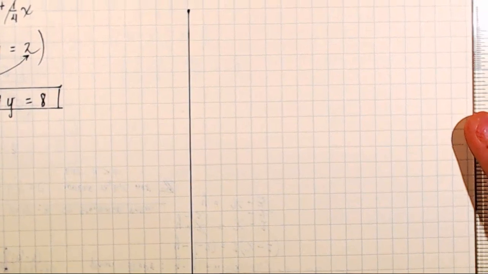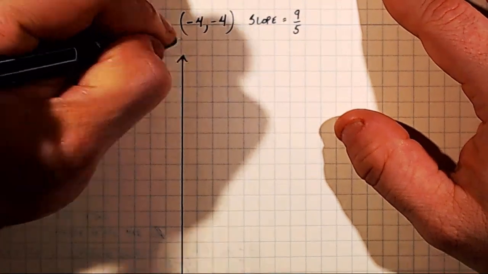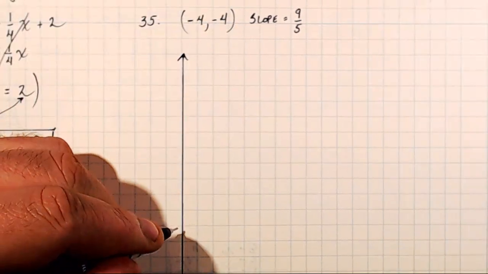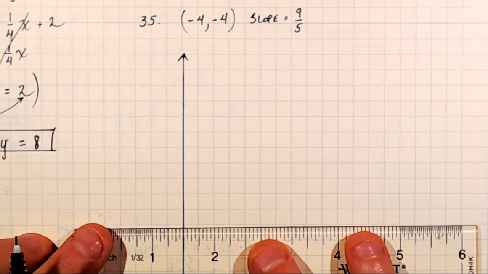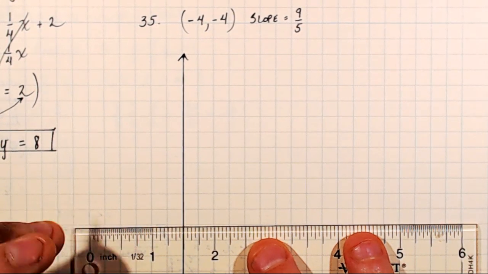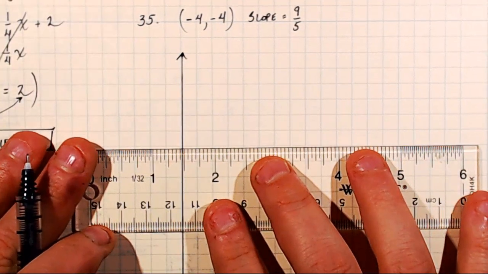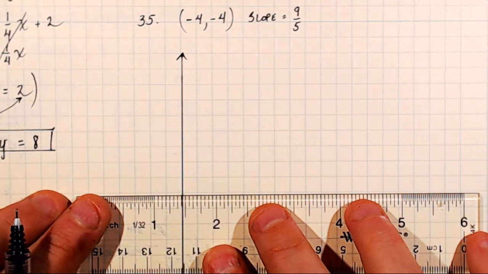It has to be a pretty big graph because of the slope being 9. I'll put the x-axis here. This should work.